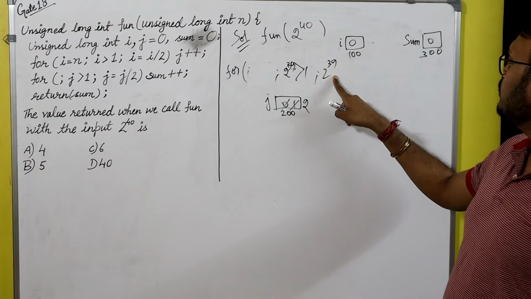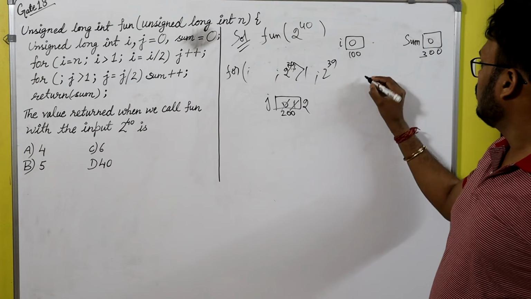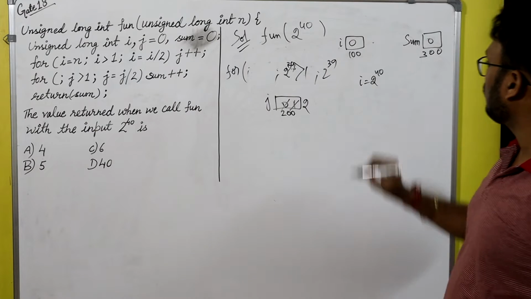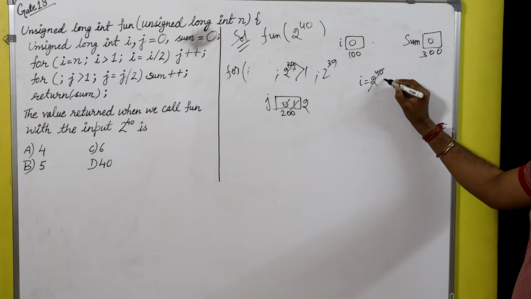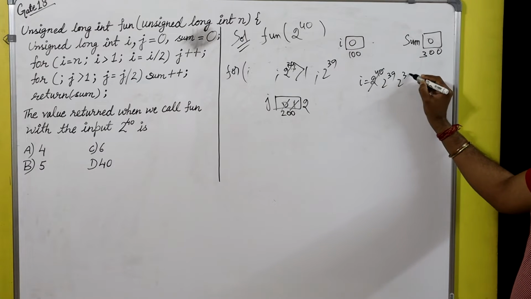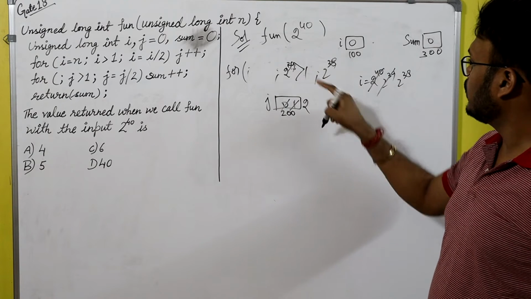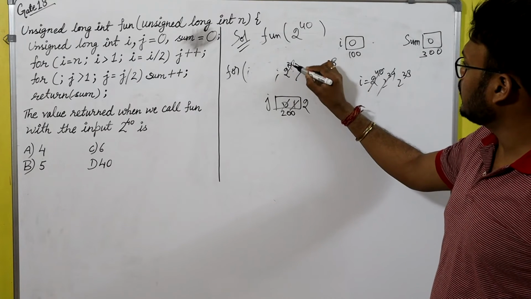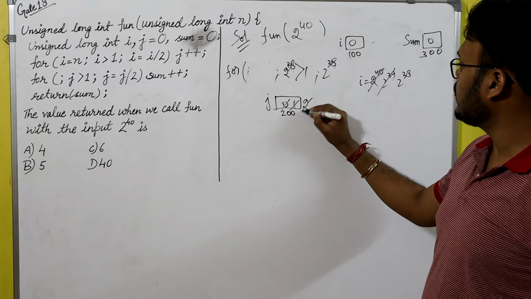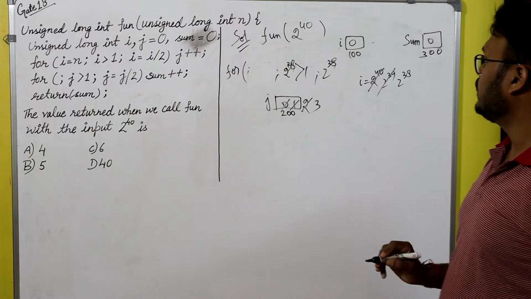Initially i was 2 to the power 40, then it became 2 to the power 39, now it will become 2 to the power 38. 2 to the power 38 is greater than 1, so j will become 3.